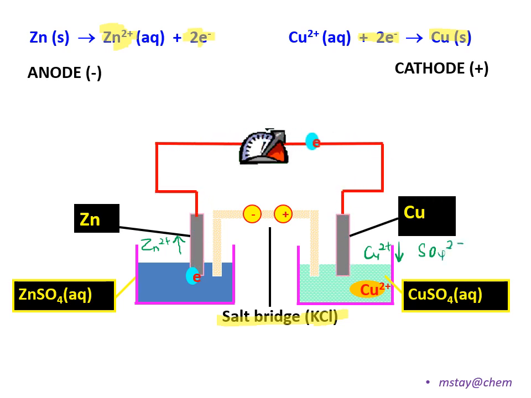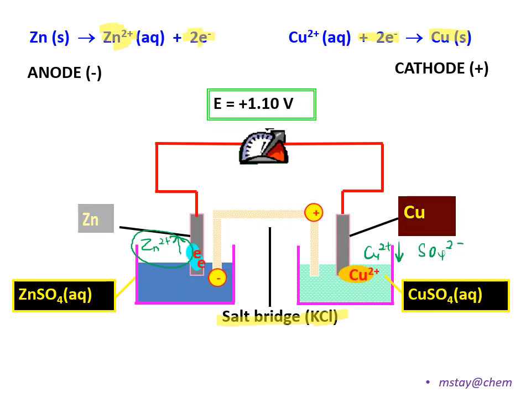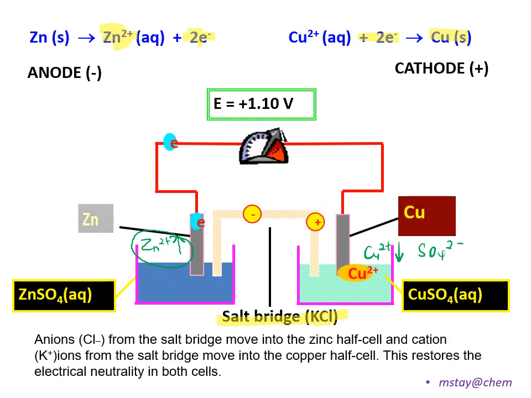To maintain this, the anion from the salt bridge needs to neutralize this Zn2 plus, so that the electrical neutrality is maintained. While for the cathode, the positive ions will be moving to the cathode. Then we'll give you the reading, voltage 1.1 volt.